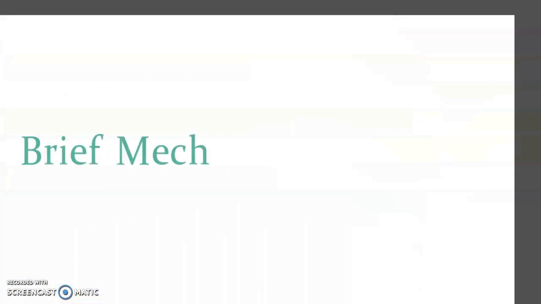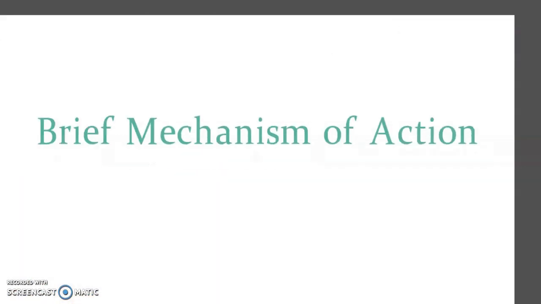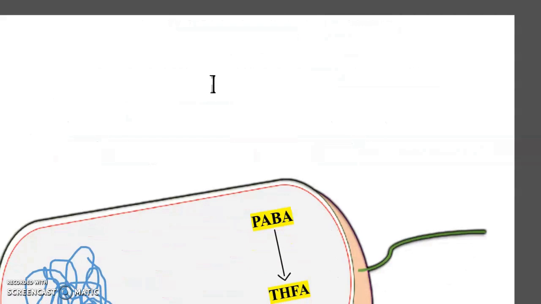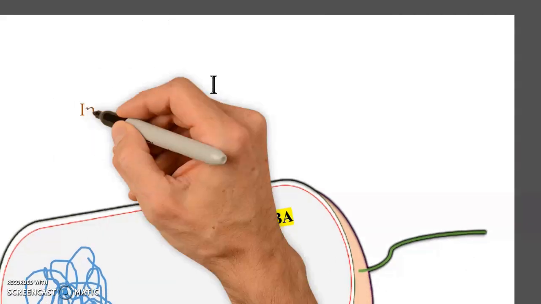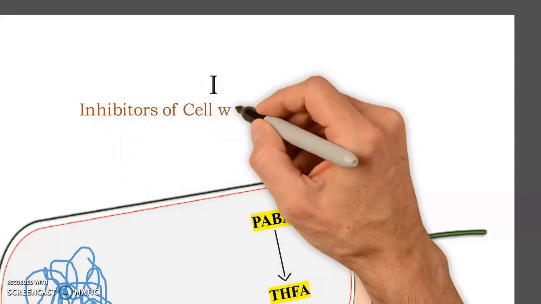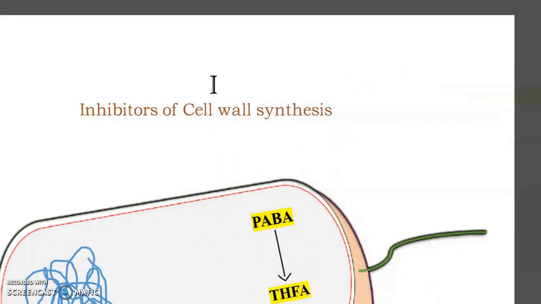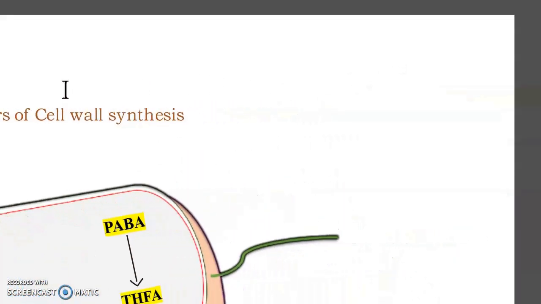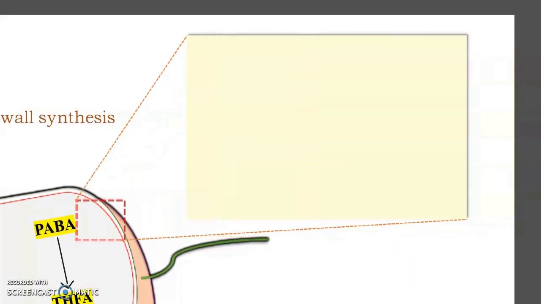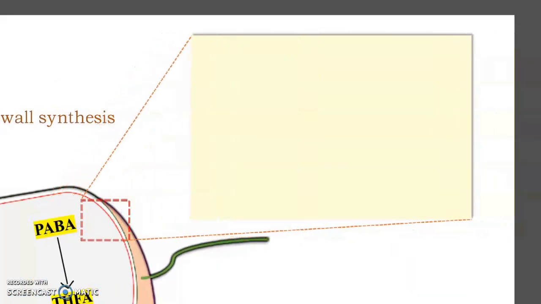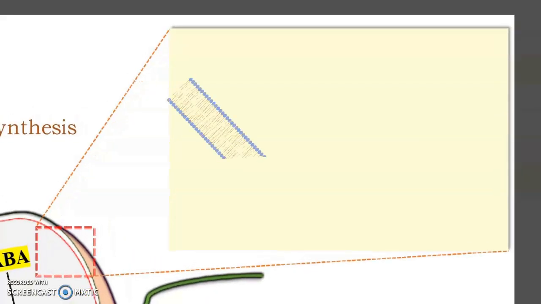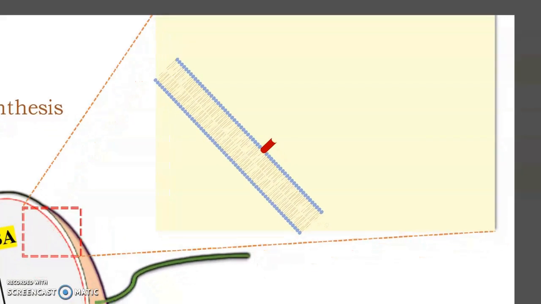Now, we are going to look into the mechanism of action along with the examples of the drugs. To begin with, the first category of antibiotics are the ones which inhibit the synthesis of the bacterial cell wall. So now we are going to magnify the cell wall.